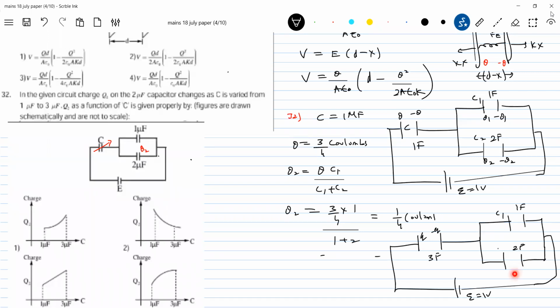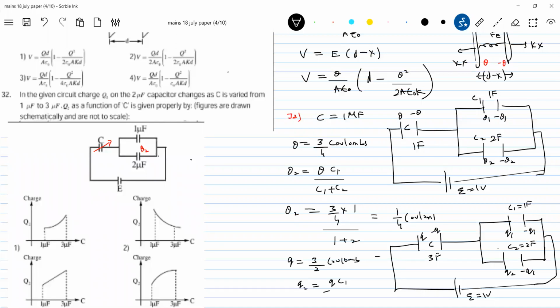So the charge here, let it be Q2, minus Q2, Q1. Proceed like this. So this is a capacitance, 3 farad parallel to 3 farad, so 3 by 2. So the charge Q should be equal to 3 by 2 coulombs. Then how much is Q2?